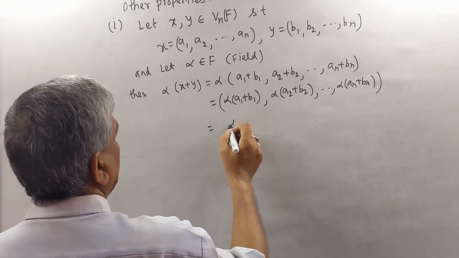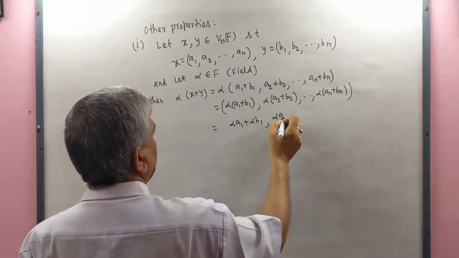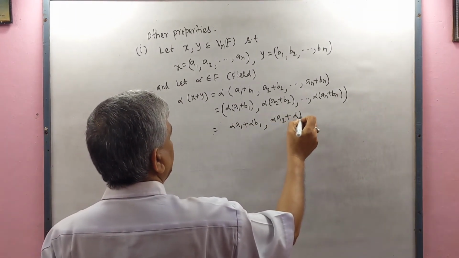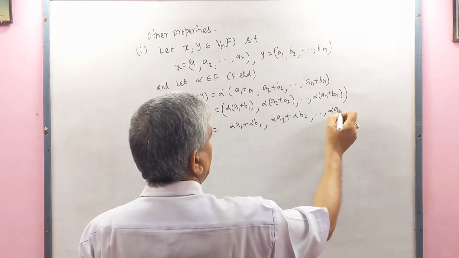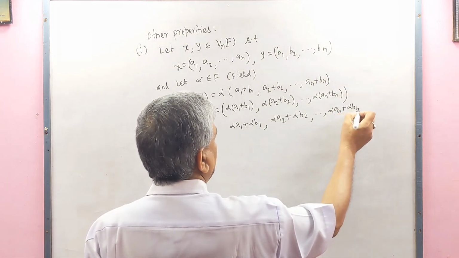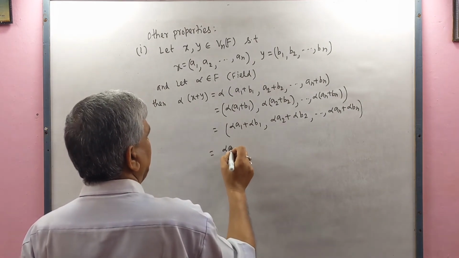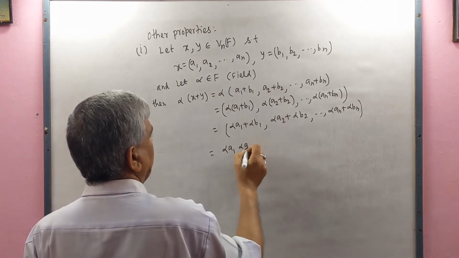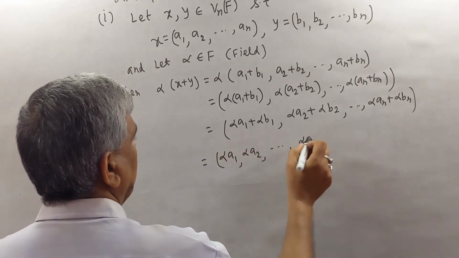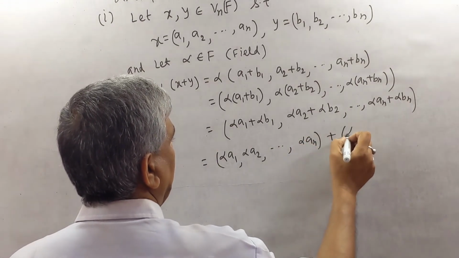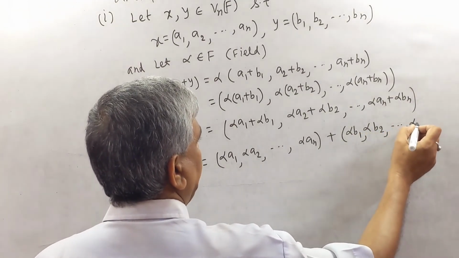This equal to (alpha a1 plus alpha b1, alpha a2 plus alpha b2, ..., alpha an plus alpha bn) equal to (alpha a1, alpha a2, ..., alpha an) plus (alpha b1, alpha b2, ..., alpha bn).